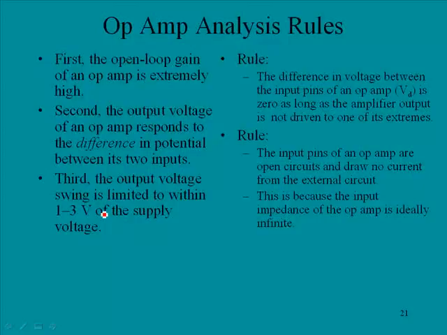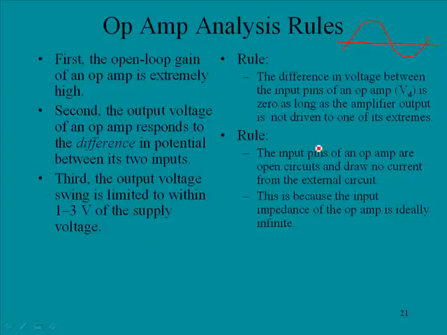The difference in voltage between the input pins of an op-amp is 0 as long as the amplifier output is not driven to one of its extremes. So basically what that means is in linear operation, as long as we don't go into saturation at either end, the voltage difference will be 0 volts.